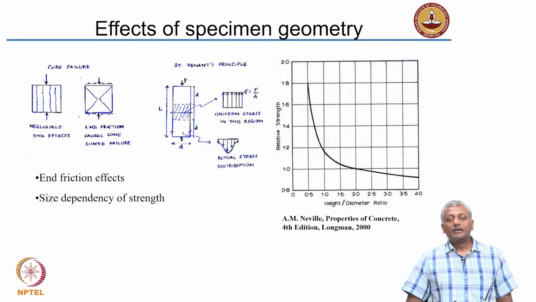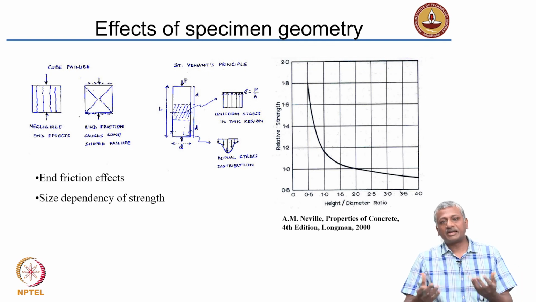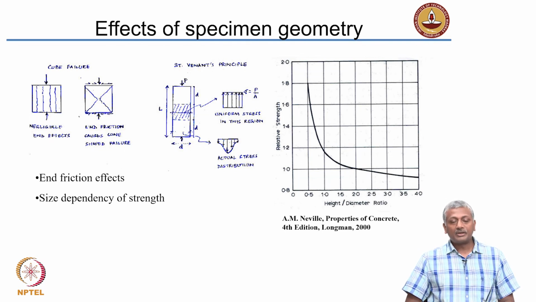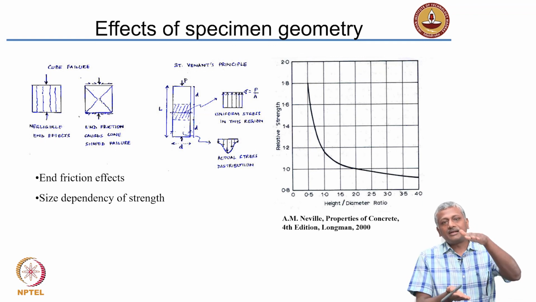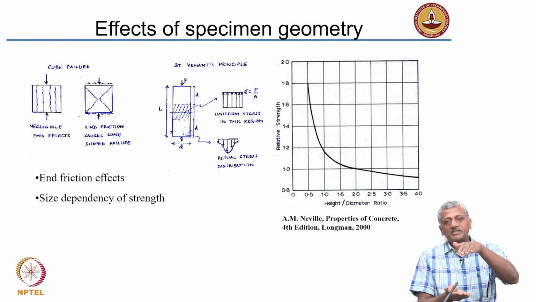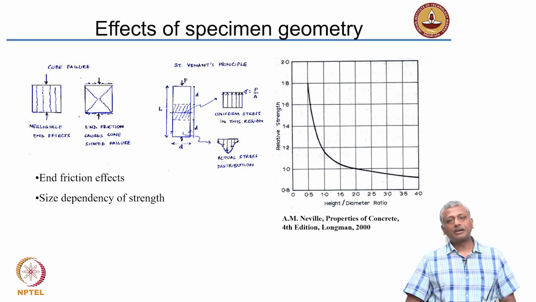Now, I was saying earlier that strength may be dependent on specimen geometry. In some cases, when you test cubes versus cylinders, you may get very different results. Why is this the case? In your mechanics of materials, you would have learned or will be learning a concept called Saint-Venant's principle. That principle states that the end conditions during the test will affect the specimen up to a distance equal to the least lateral dimension.